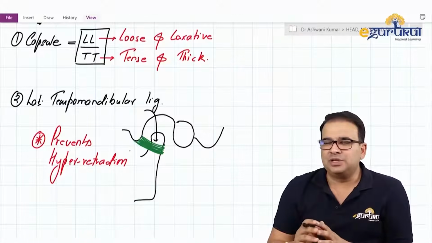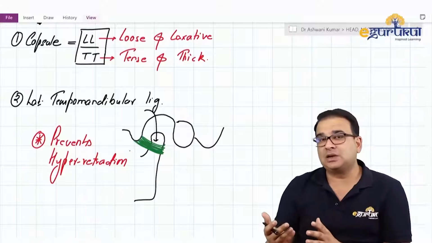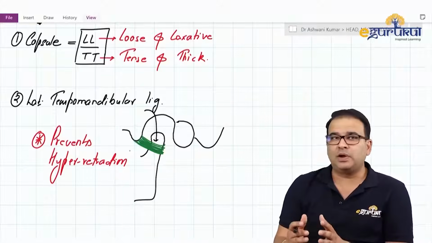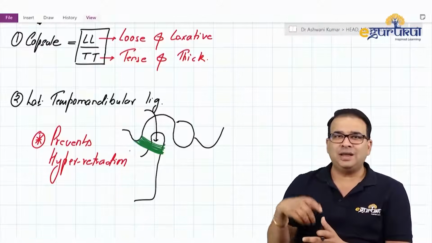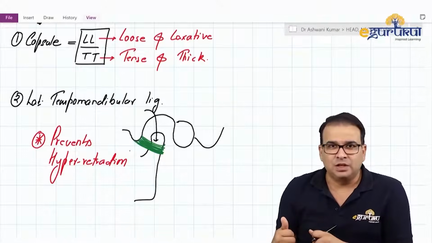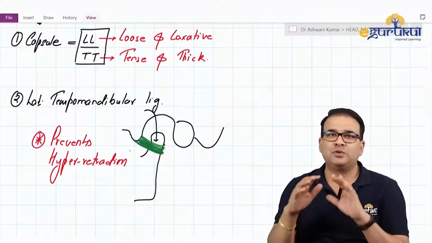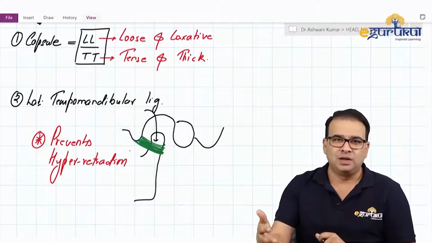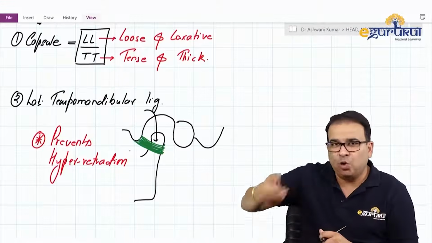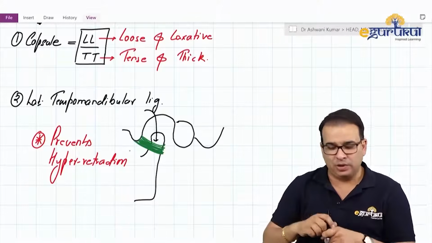Now the false ligaments of TMJ, and first of all, why are those ligaments called false ligaments? It's not because of their structure, it is because they are not in relation to the TMJ directly. You will not see those ligaments immediately reinforcing the capsule. They are present far away from the joint, but they're still holding the mandible. That's why they are support only.